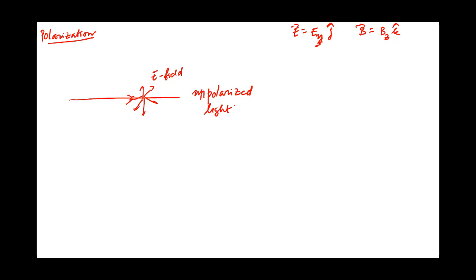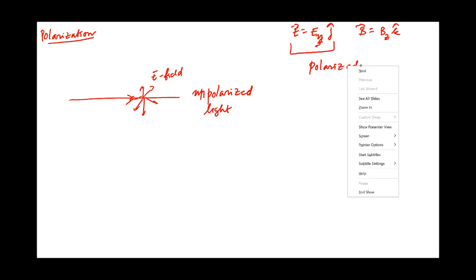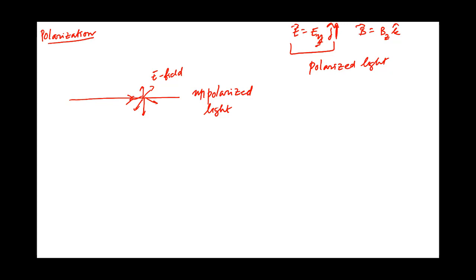To choose the electric field to be along one particular direction, to have it oscillate only along a specific preferred direction, would be polarizing light. So this would be an example of polarized light, in the sense that here you have the electric field only along the y-axis, one particular direction. Unpolarized light has no preferred direction for the electric field.